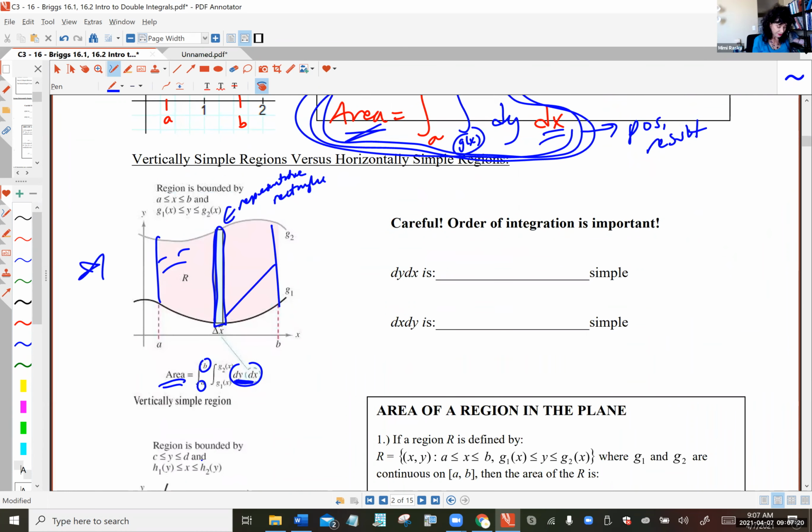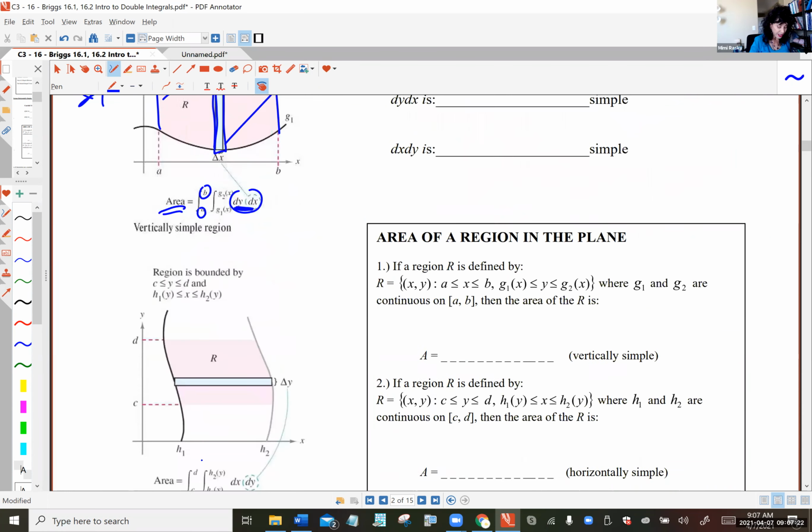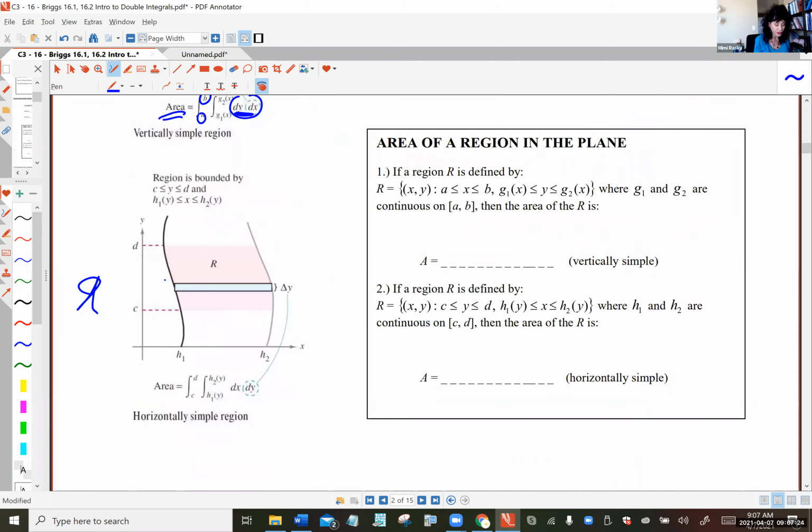So if you're trying to find the area between two curves where these curves are given by functions of y, for example, let's say this curve right here is given by x equals h1 of y, and then this one over here is a function of y, given by x equals h2 of y.